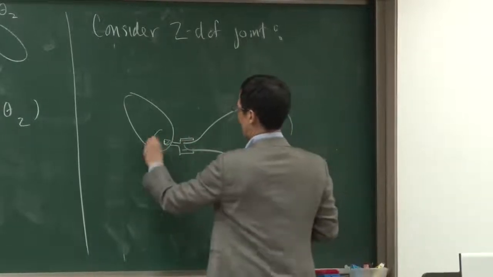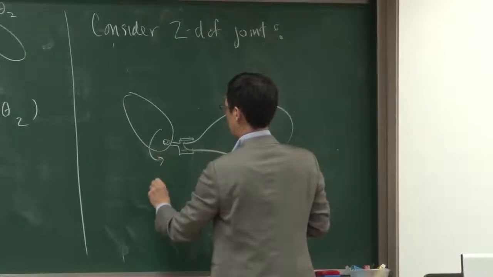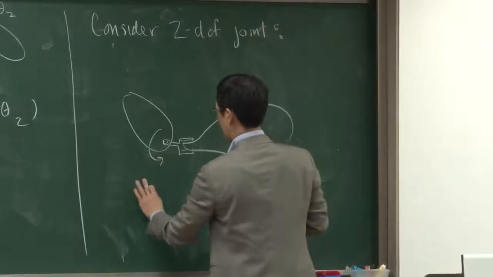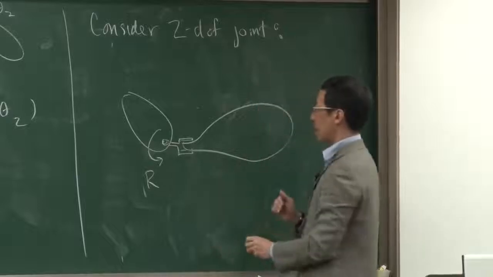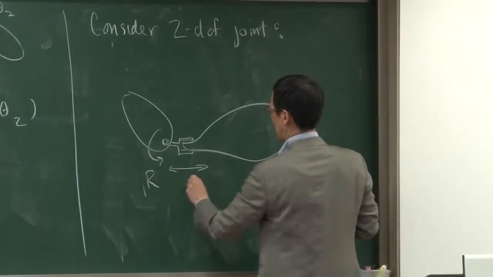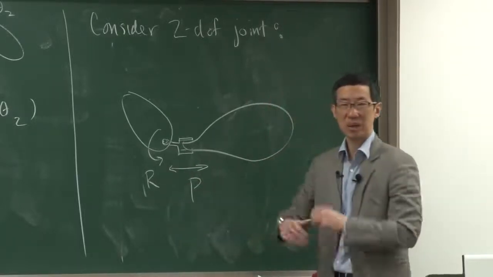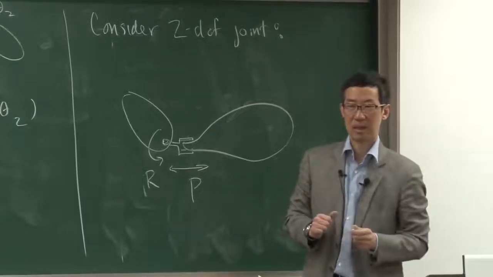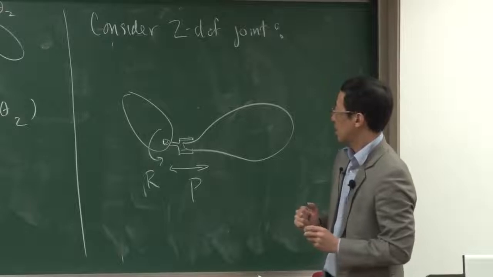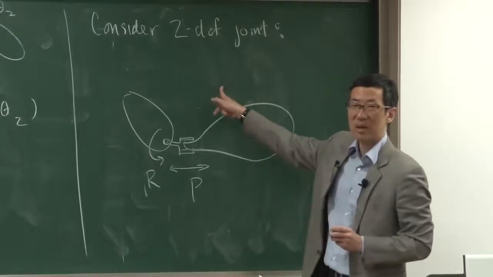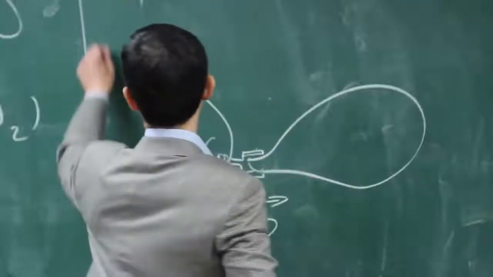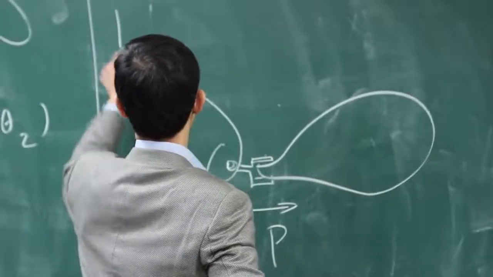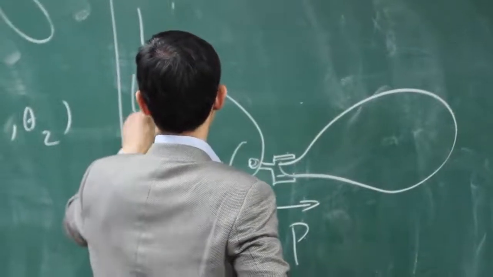Here we have a revolute joint, and we also have a sliding P joint. We're going to regard this as a single 2DOF RP joint. How many parameters are needed here? Well, as before, we need x1, y1.